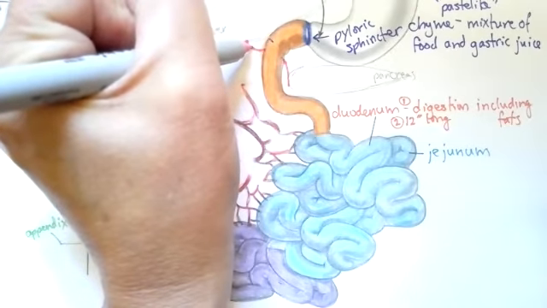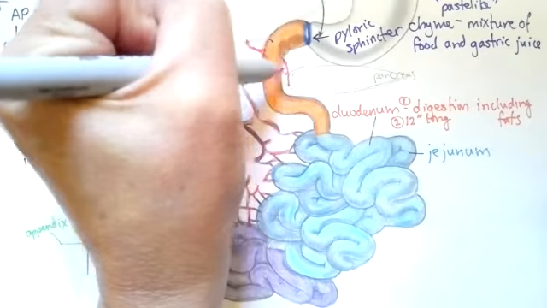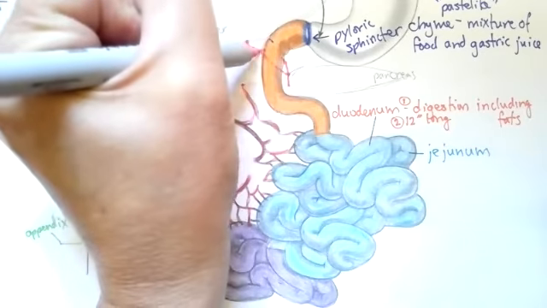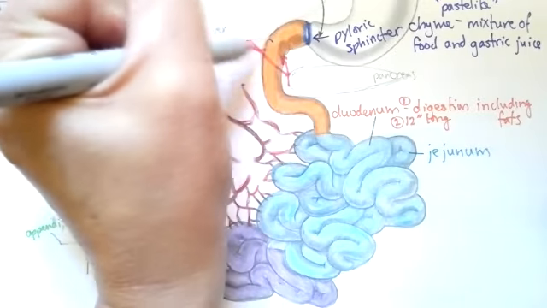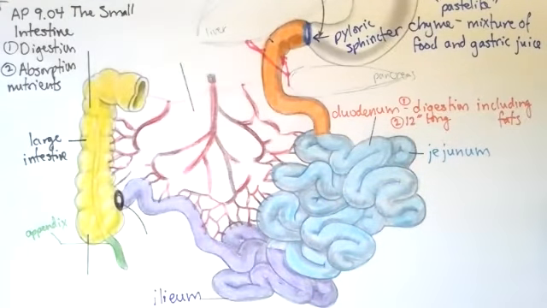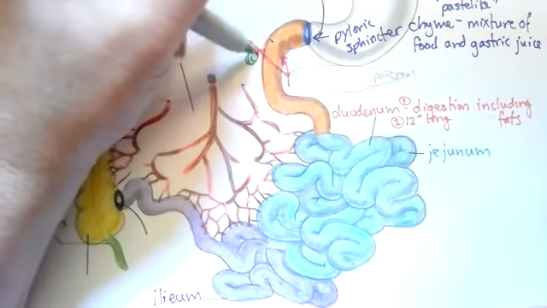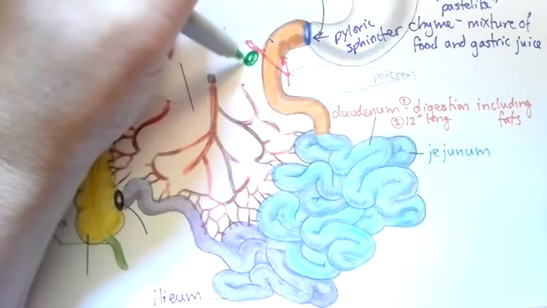And this is where they join. Now this isn't to scale. So this is the duct coming down from the liver. And off of this duct, off to the side, we've got the gallbladder.